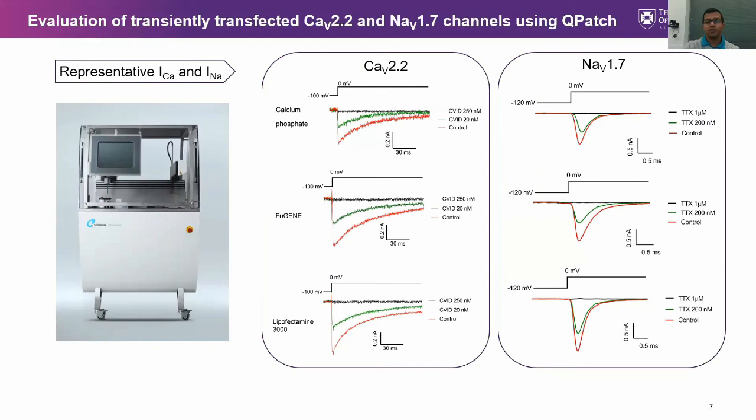For NaV1.7 current, the depolarization to Vmax from a holding potential of -80 mV and prepulse of -120 mV was done for 20 milliseconds before and after perfusion of 200 nanomolar and 1 micromolar TTX. Here also you can see that 1 micromolar TTX completely blocks the current.